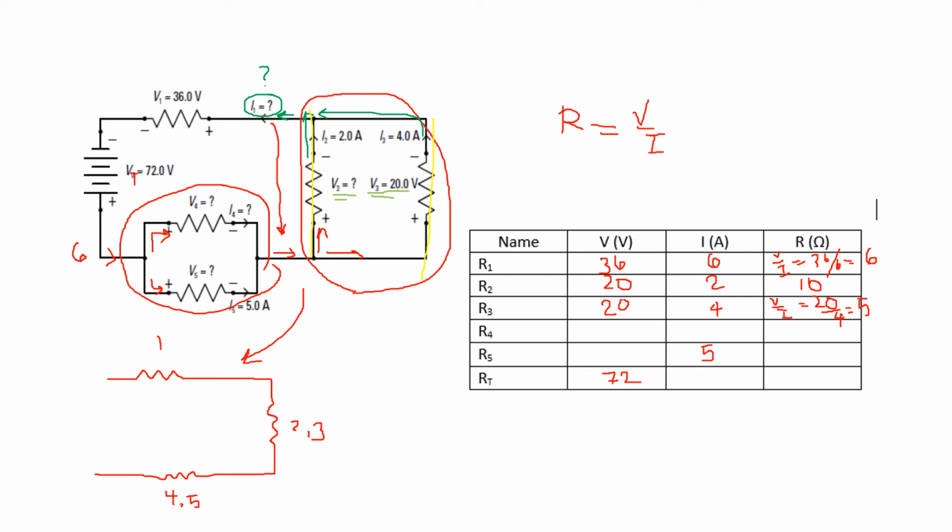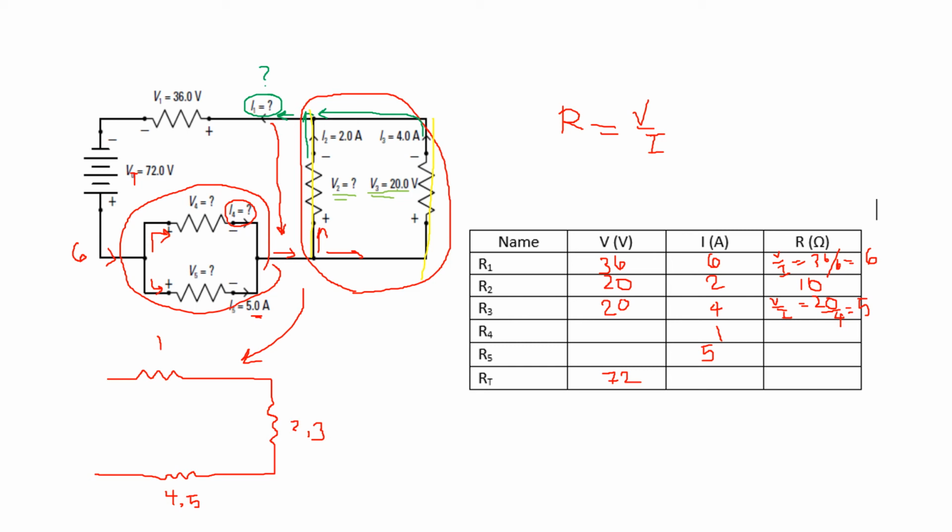So if it's 6, I can see here 5 went here, and then what would be this one? If 5 is here, what will be I4? It will be 1, because 5 plus 1 equals 6.